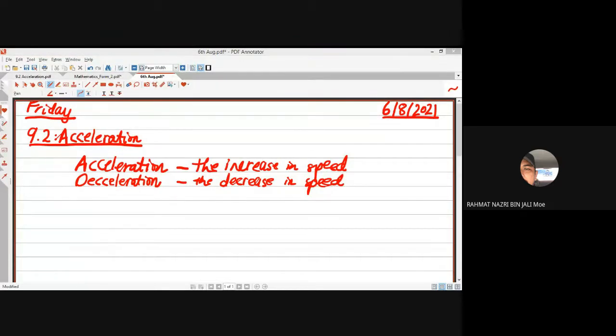Anyone with the link can join me at Kami to complete the table for the initial velocity, final velocity, and then the calculation for acceleration, change of speed divided by time taken. Let me share the link.